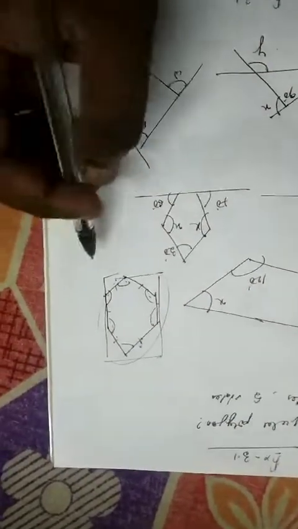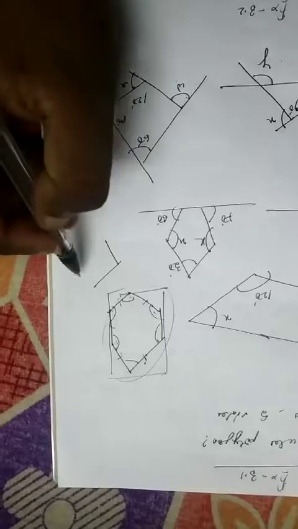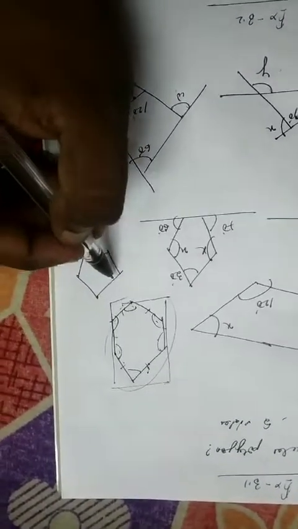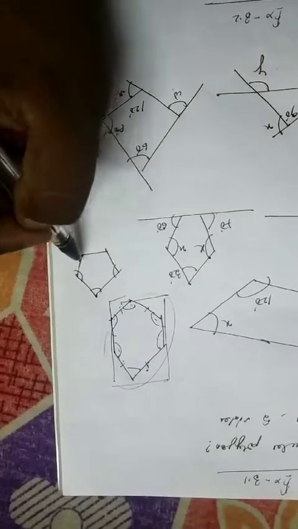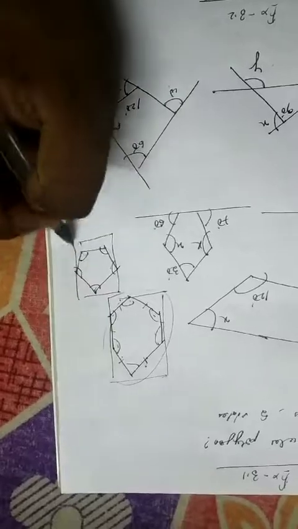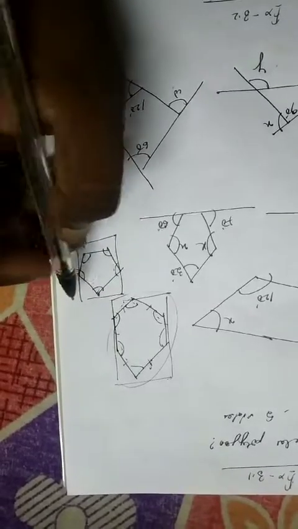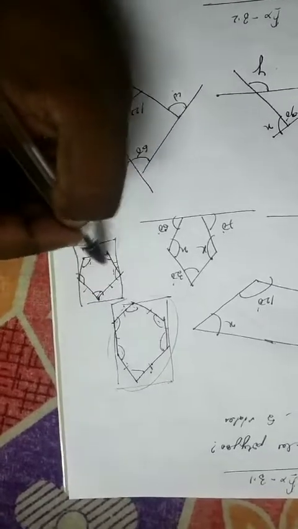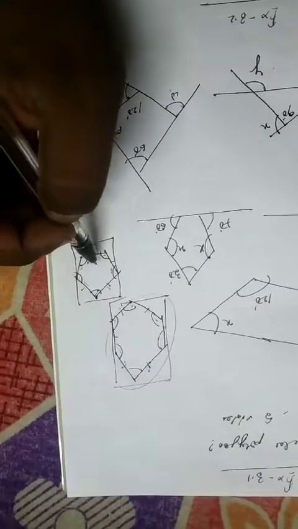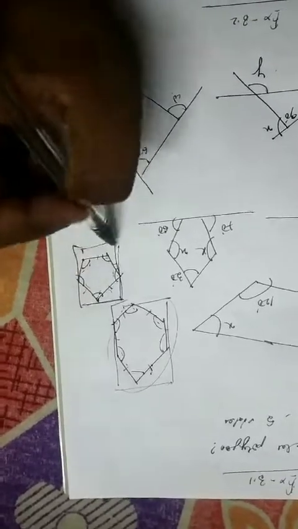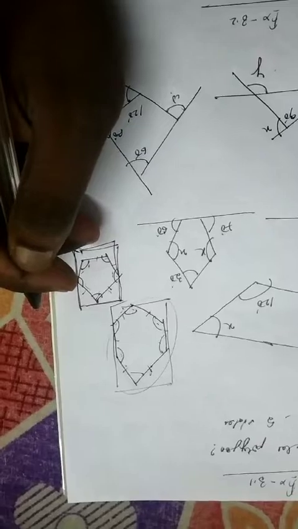The regular pentagon looks like this: 1, 2, 3, 4, 5, in which all five angles are of equal measure, and all five sides are of equal measure. So this is an example of a regular pentagon.